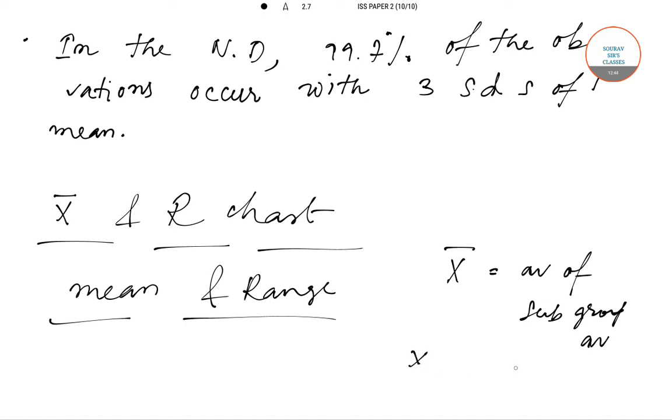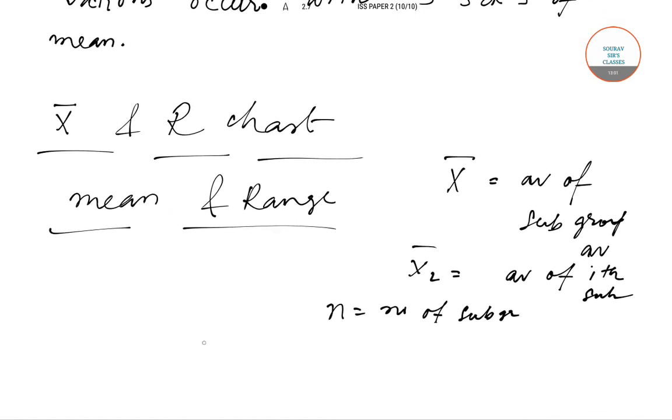X bar i is equal to the average of the ith subgroup. N is the number of subgroups. R bar will be the average of subgroup ranges.